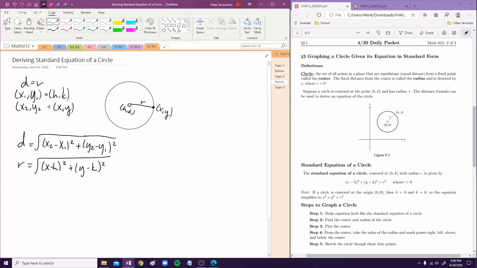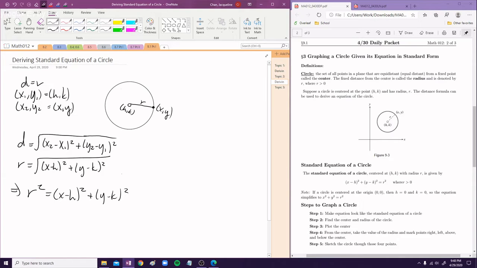We could do this, but for the standard equation, I don't want the square root, so I'm just going to square both sides. When I square both sides, I get r squared is equal to (x minus h) quantity squared plus (y minus k) quantity squared.